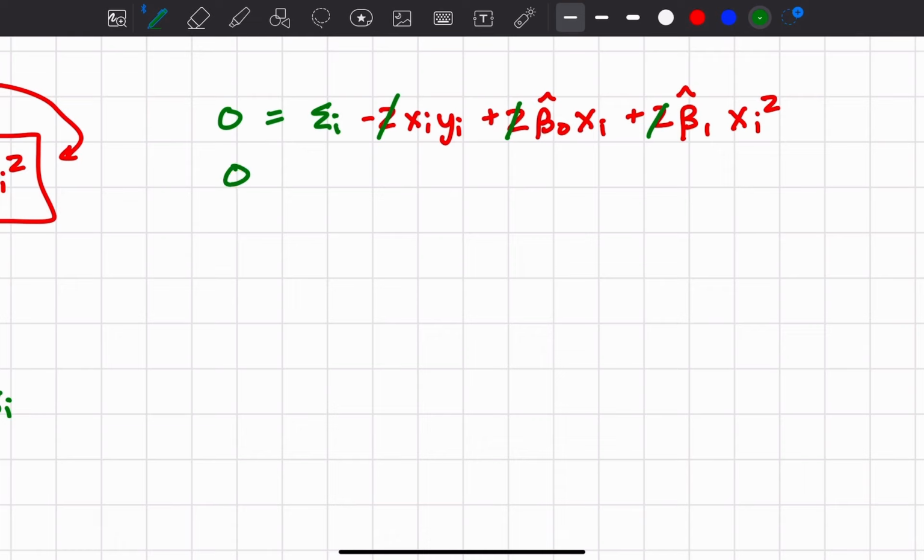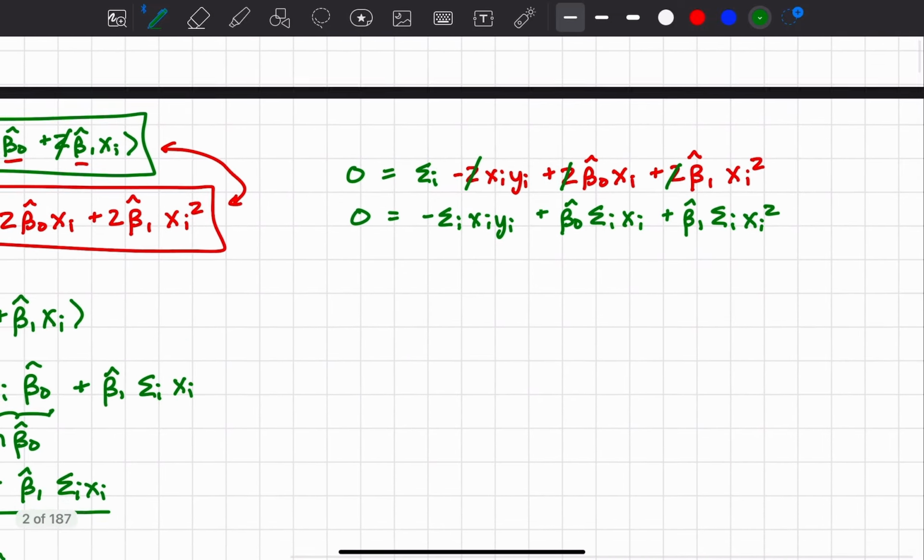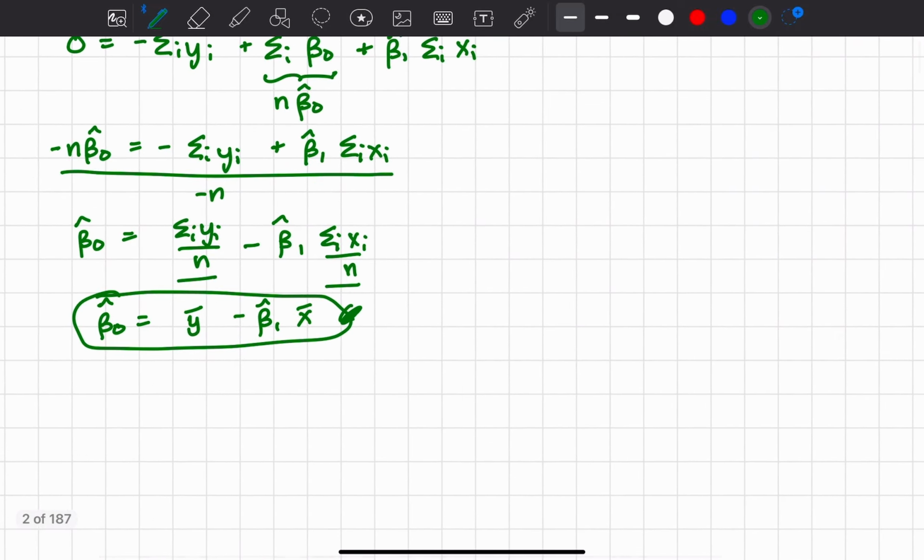Now we'll have 0 is the negative sum xi yi, plus beta naught hat sum xi, plus beta 1 hat sum xi squared. I think it's probably a good time to bring in this formula for beta naught hat.